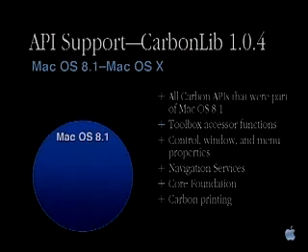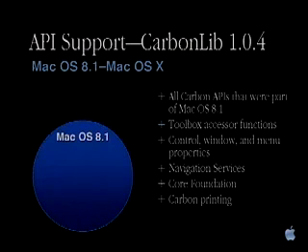Because a lot of APIs that were added to, say, Mac OS 8.6, to move those back in CarbonLib to Mac OS 8.1 would be basically reinstalling the Mac OS 8.6 operating system on top of 8.1, right? So this doesn't make any sense. So in Mac OS 8.1, through CarbonLib 1.0.4, you have all the Carbon APIs that were in 8.1, plus a set of things that we felt it was necessary to bring back.